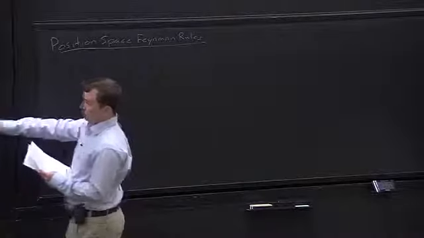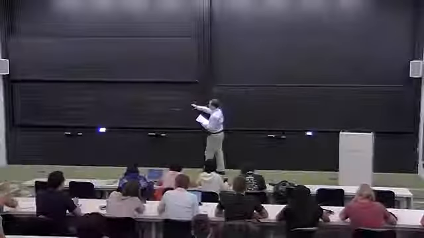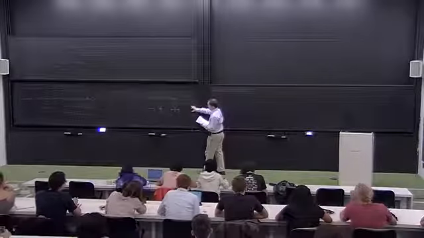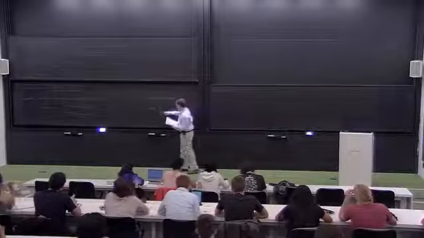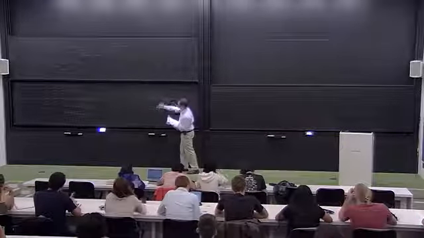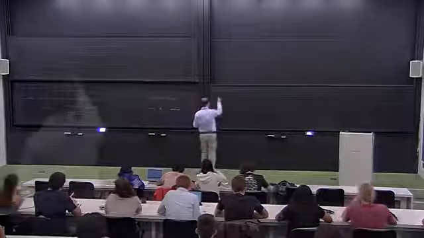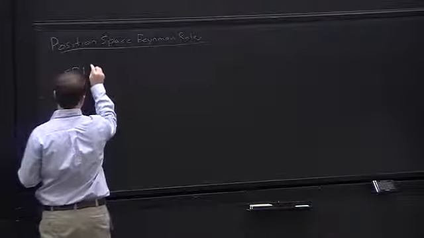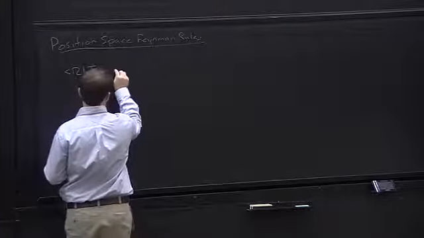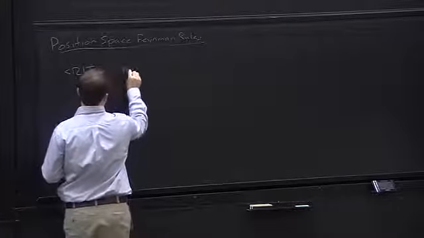But we can already start to guess the rules for which diagrams contribute and how to go backwards just from these examples. So first of all, diagrams that contribute to the n-point function.